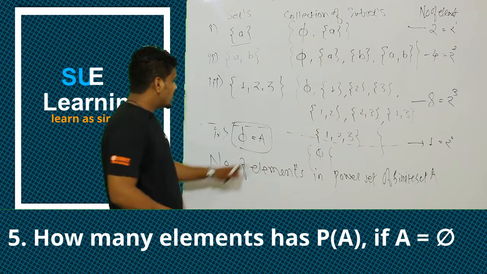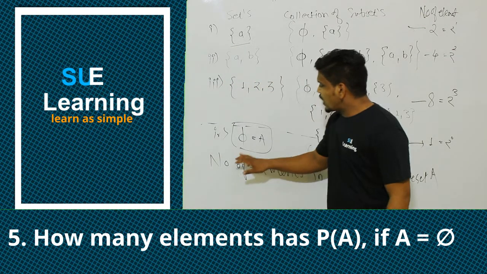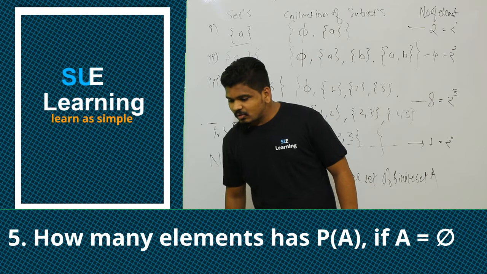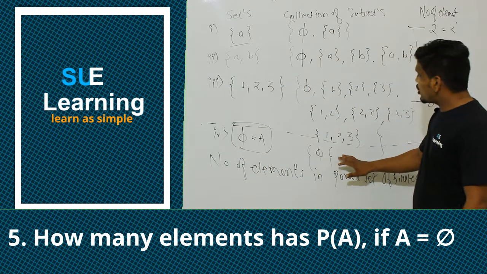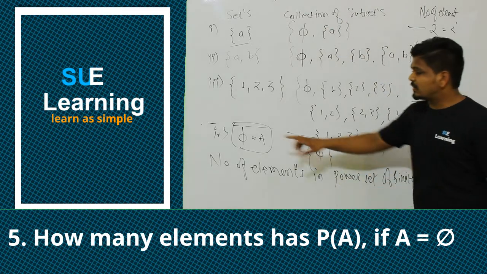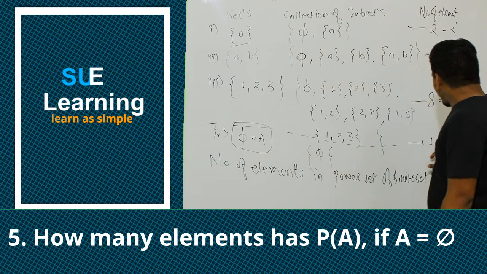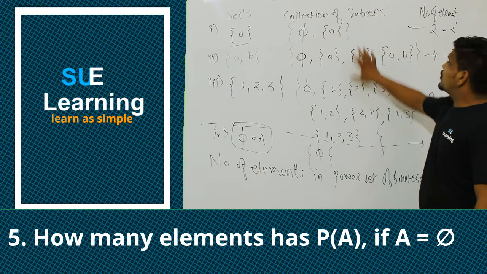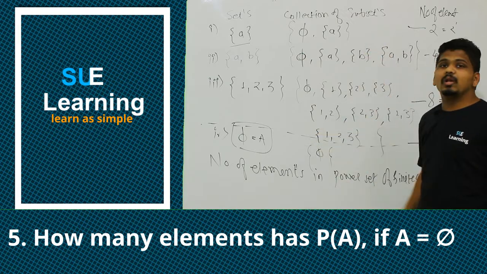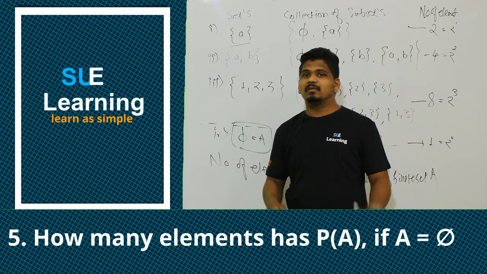Just assume A equals {5}, and you want to calculate the number of elements in P of A. Look here, this is your P of A, the collection of subsets of that set. It has the singleton {5}. It has 1 element. Therefore, my power set, the collection of all subsets of that set, will have only 1 element, that is nothing but {5}. Therefore, the number of elements is 1.